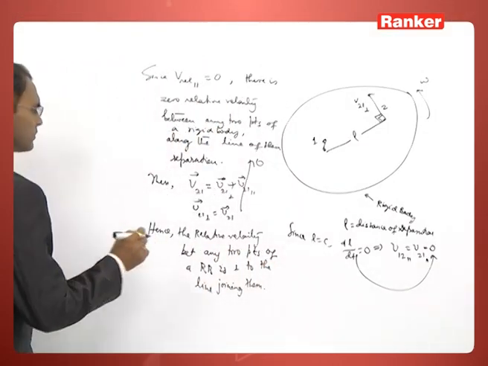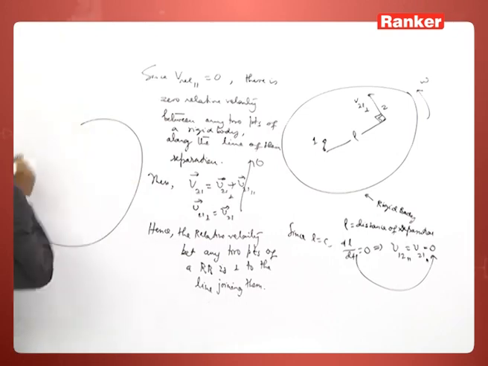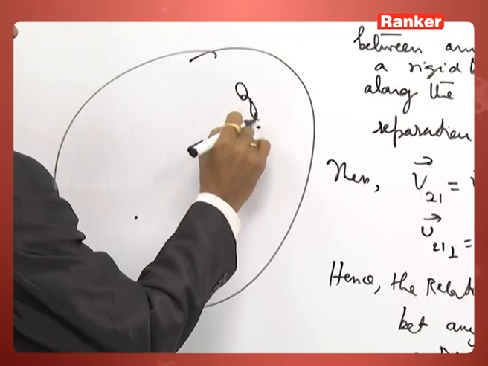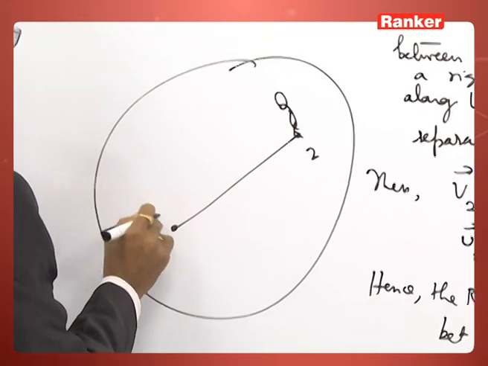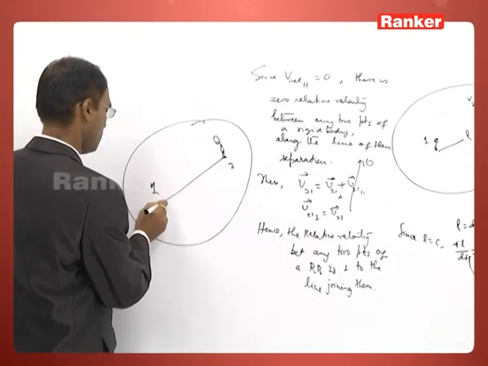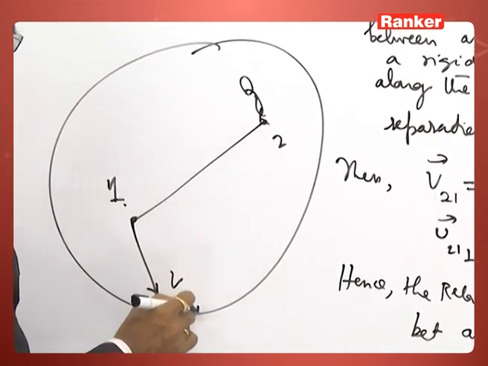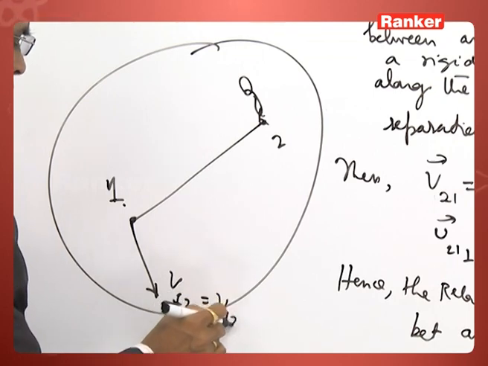When you look, standing onto point 1, point 1 will move in this way. Velocity of 1 with respect to 2 perpendicular is nothing but velocity of 1 with respect to 2.